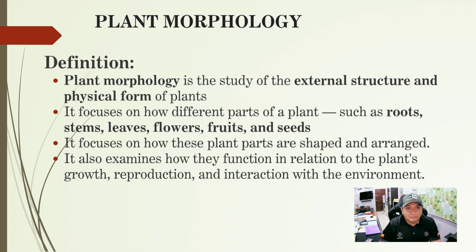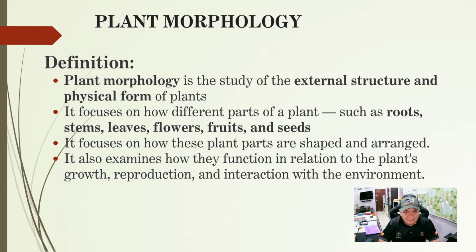Okay, we're going to the first slide. This is the definition of plant morphology. So, what is plant morphology? Plant morphology is the study of the external structure and physical form of plants. It focuses on how different parts of a plant, such as roots, stems, leaves, flowers, fruits, and seeds, are shaped and arranged.